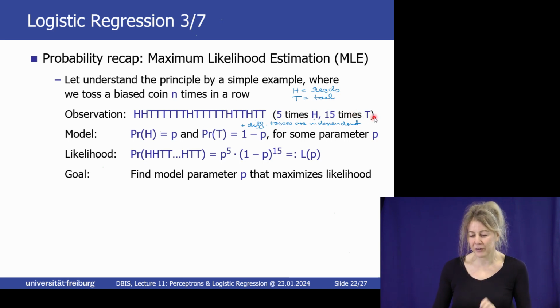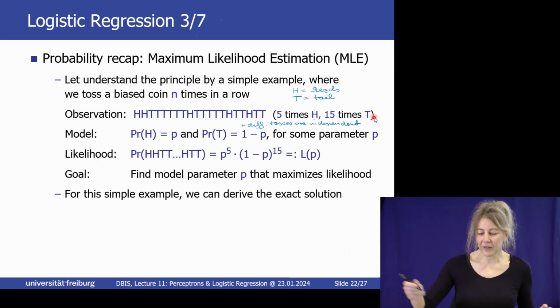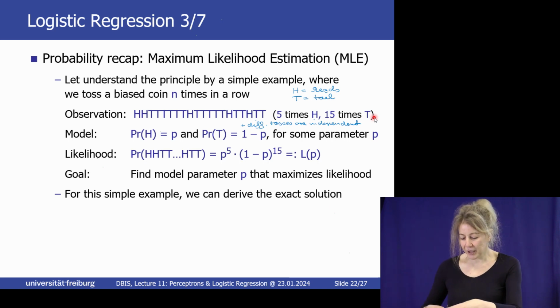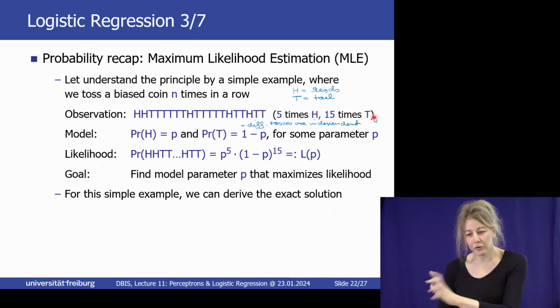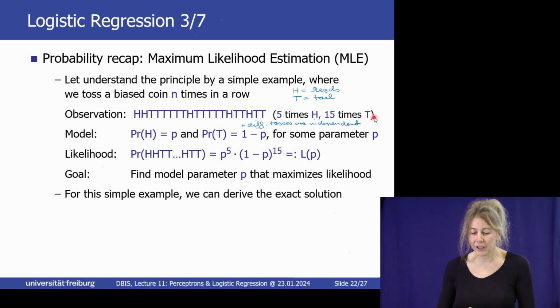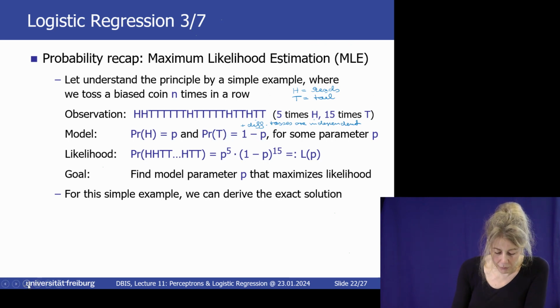Probably not, because tails showed up much more frequently. This example is so simple that we can actually compute it, and I will do that. On the next slide, you see an example which is also not super complex, but very quickly, when your model is not trivial like this, you can't compute it anymore. But here we can compute it.